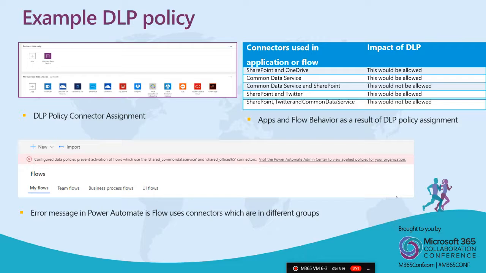But if there is a connector of Common Data Service and SharePoint, then in that case the application will throw an error, as you see here, and not only Power Apps, but even the flow fails, saying, for example, that the configured data policy prevents activation of flows which use Common Data Service and Office 365 connectors.